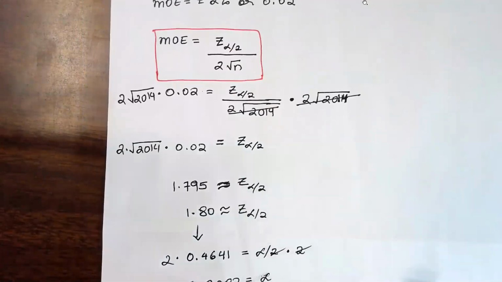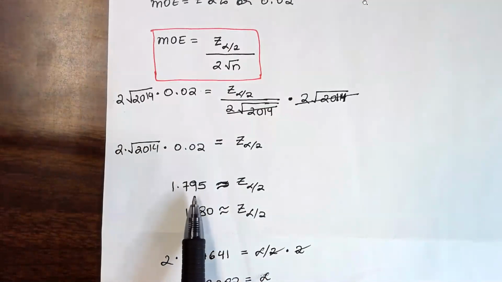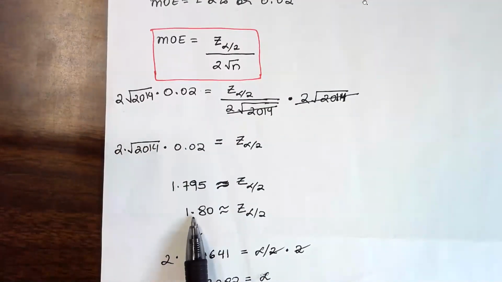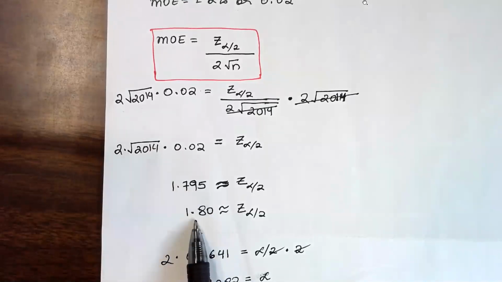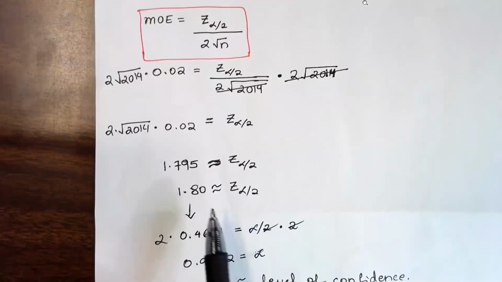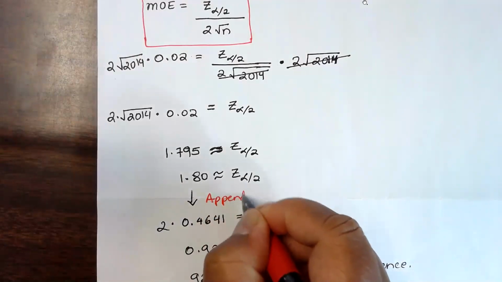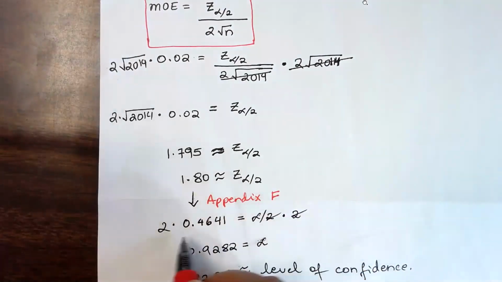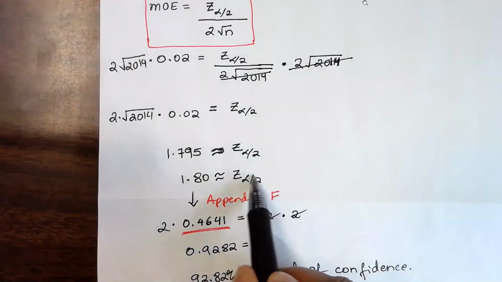It cancels out on the right-hand side. Go ahead and multiply everything on the left-hand side, so that ended up giving us, and this is a rounded, a shortened answer, I guess, 1.795. We know z-scores are only going up to 2 decimal places, so that's why we round this number to 1.80, which gave us the z-score. Going back to our Appendix F over here, so you need to use the Appendix F at this point to come up with this number, 0.4641, and that represents this sub alpha over 2 value.